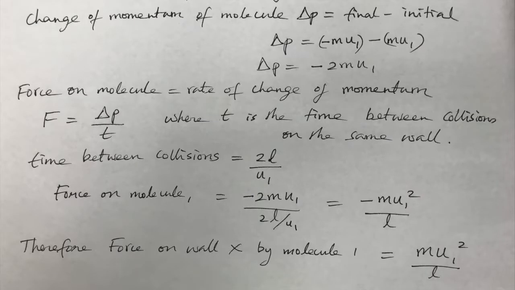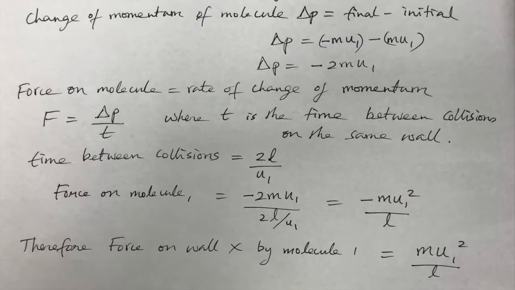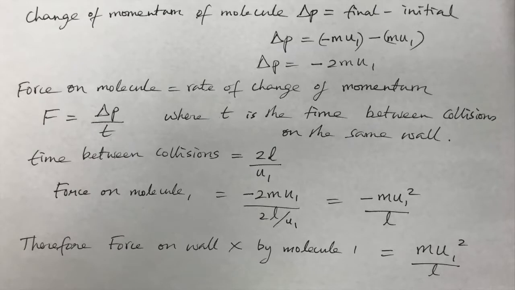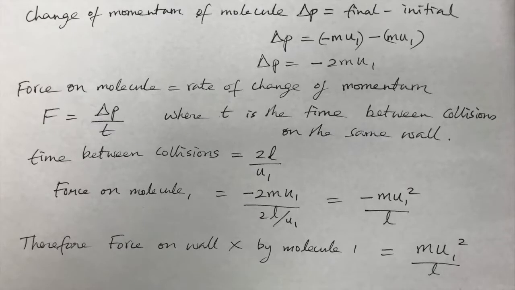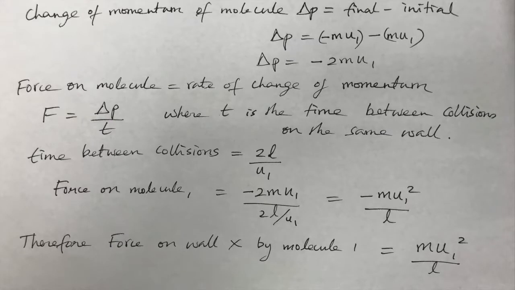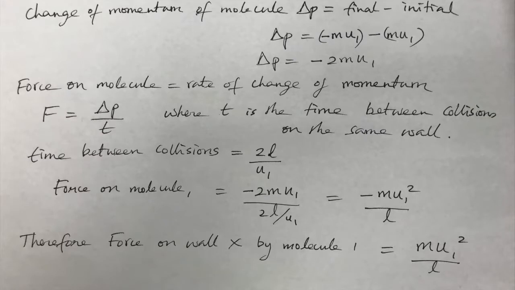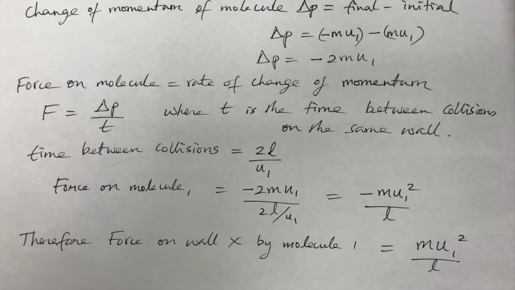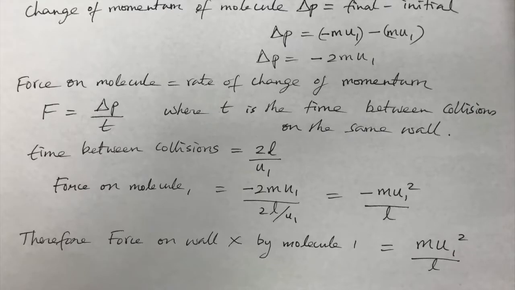Distance divided by speed gives you the time. So 2L is the total distance. After hitting here, it has to go a distance L, come back a distance L to hit again, with speed u1. So it should take a total time of 2L over u1.